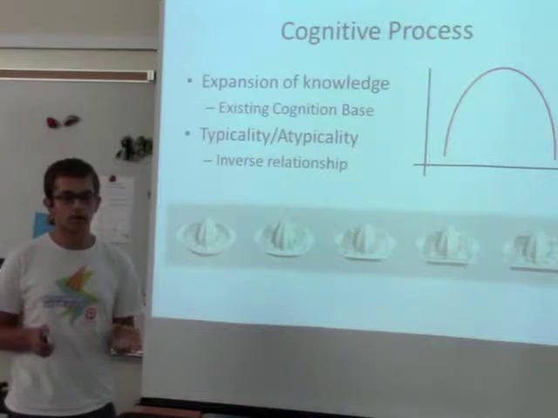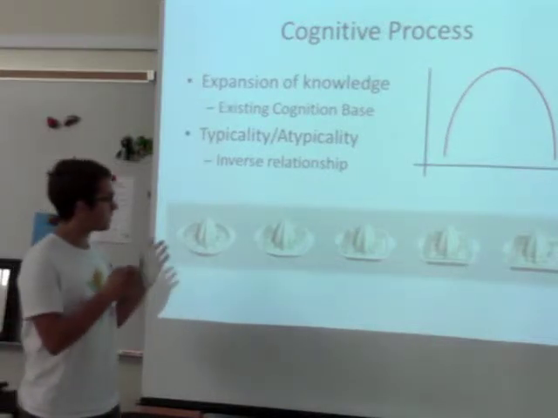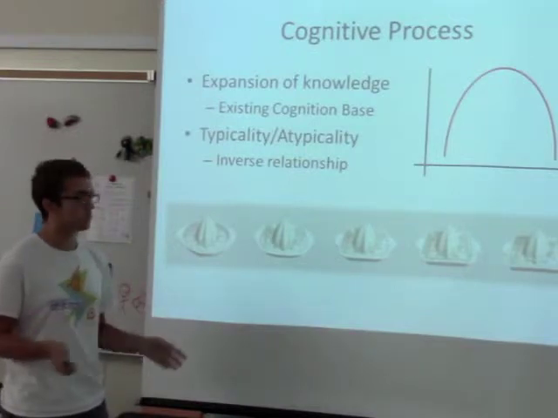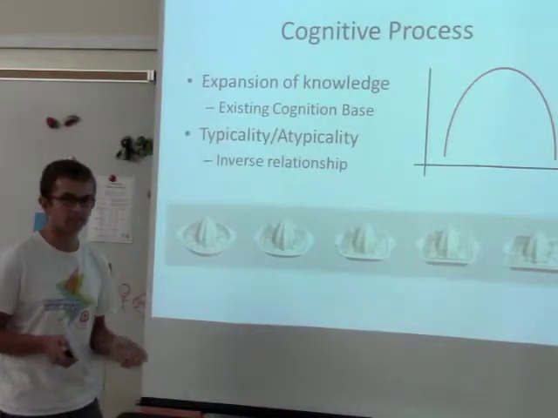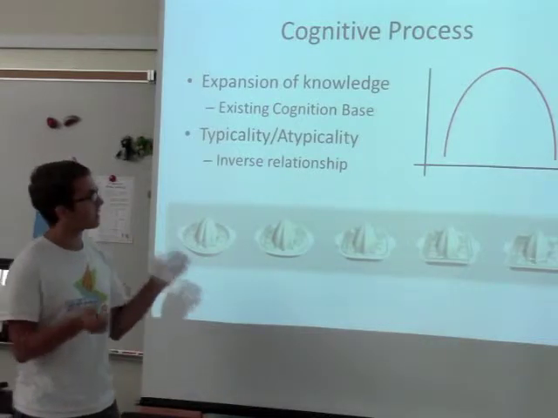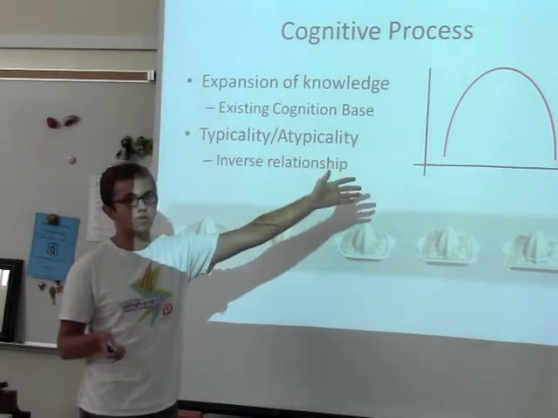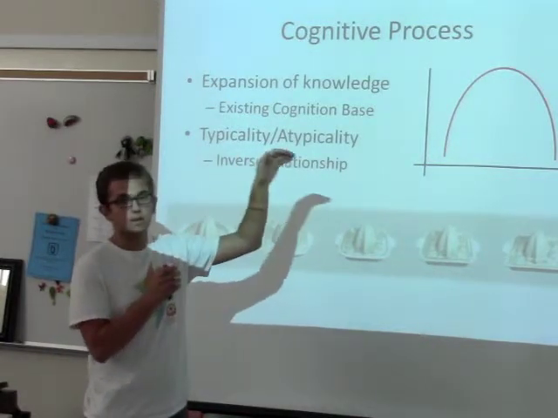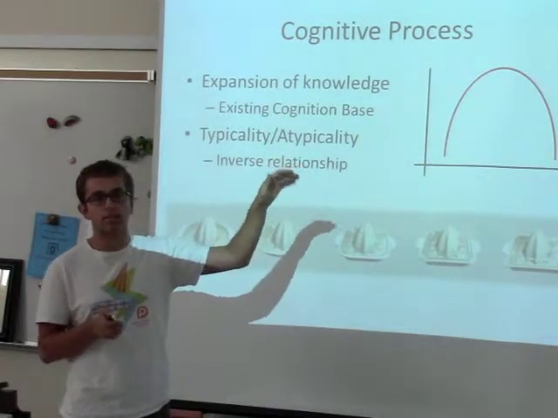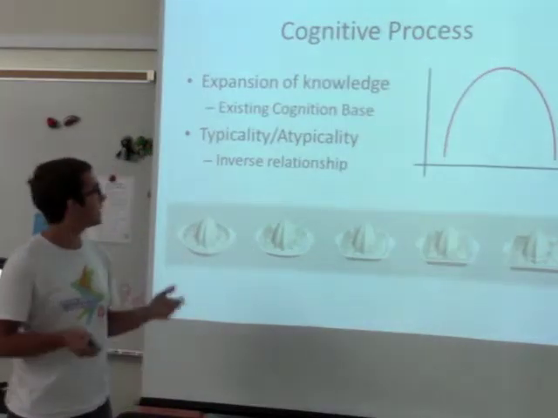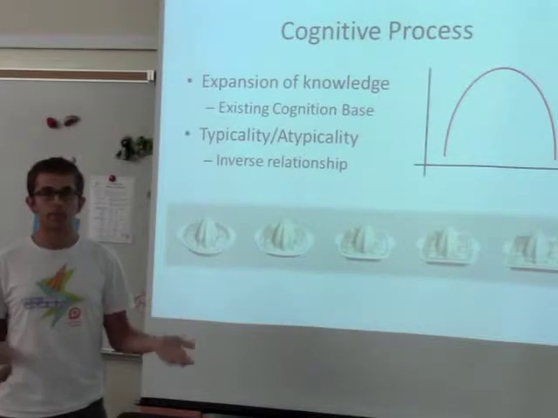Because at some point, the juicer's shape just becomes too foreign and too alien. It looks just too different, and people say, oh, that's just too far away, I don't like it anymore. And so that created this sort of curve. And what it means is that as something gets less and less typical, people are more pleased by it, up to a point, which creates the idea of a perfect product.